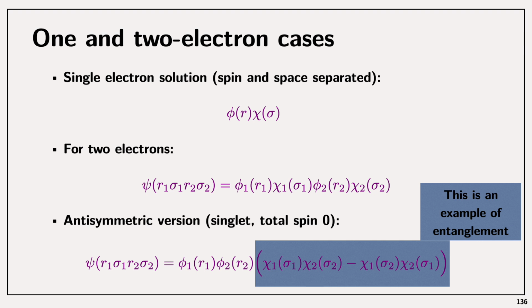And so this goes back to an entangled state. It means that the two electrons are actually entangled. If you know the spin of one, the spin of the other one is imposed. That's what it means.